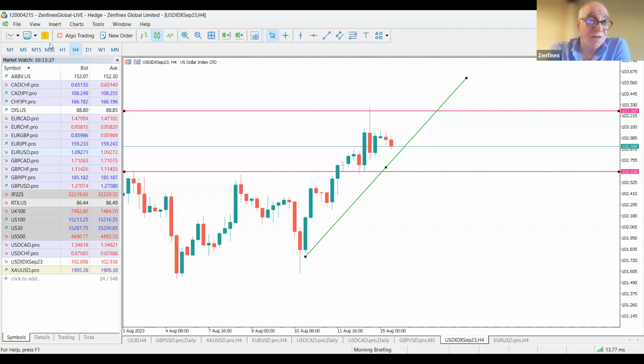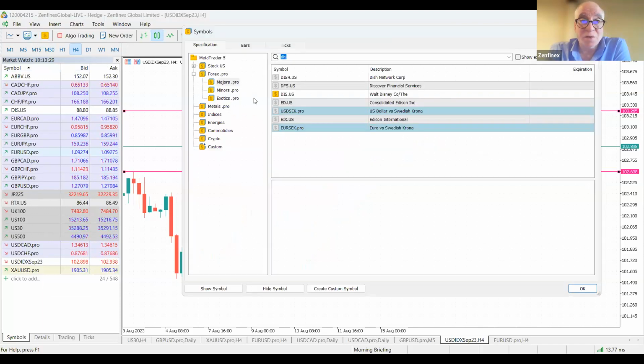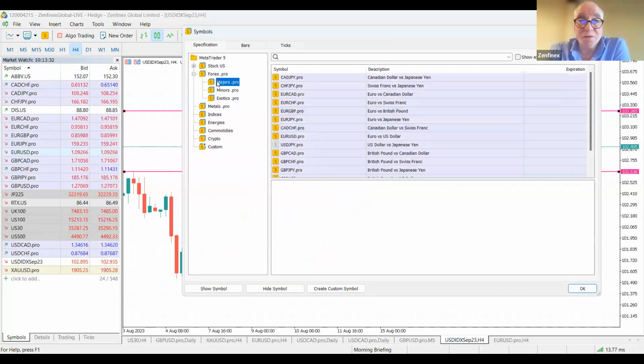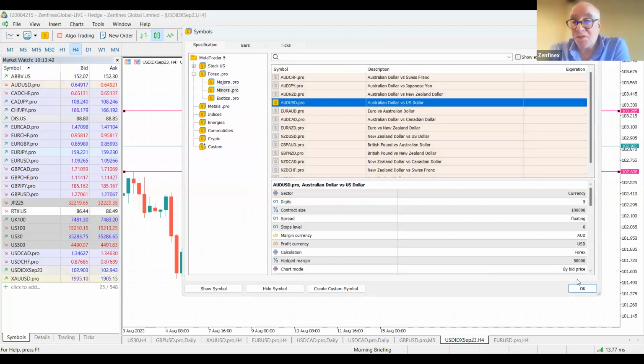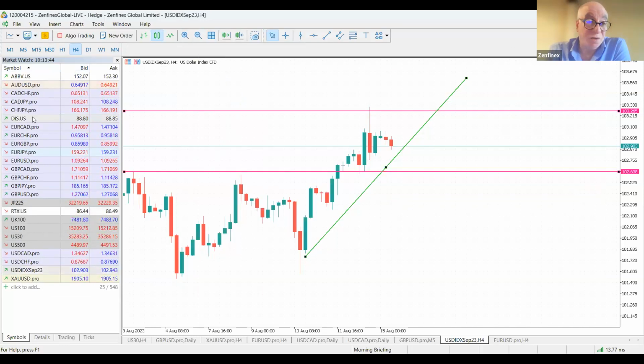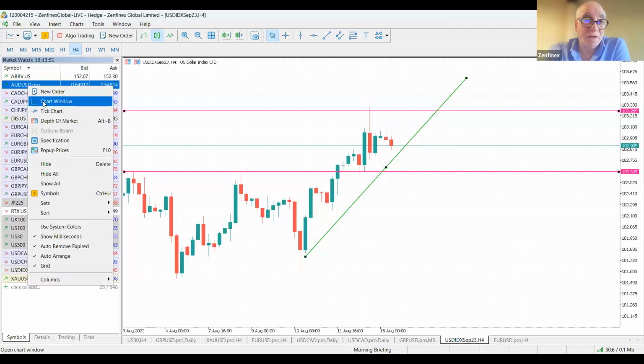Okay, I'm going to need to add the Aussie dollar in here. So let's just go to the majors. Here it is. And let's see what the Aussie dollar is doing against the dollar index.